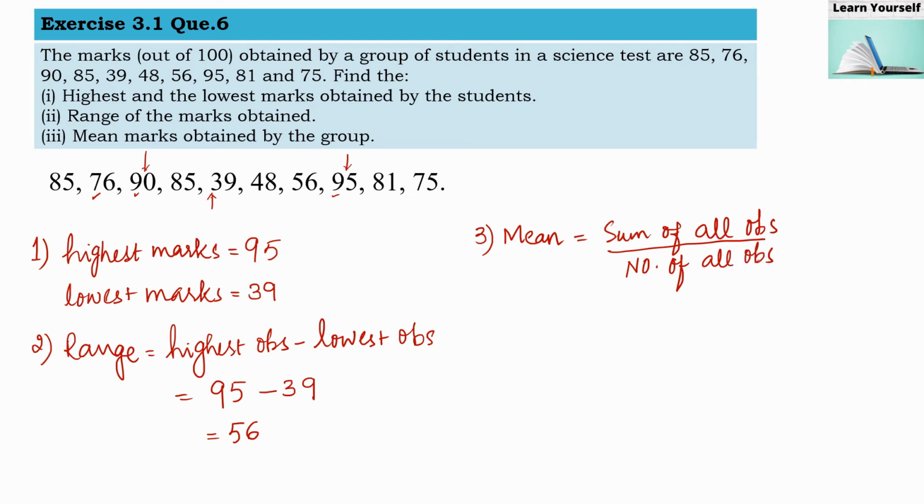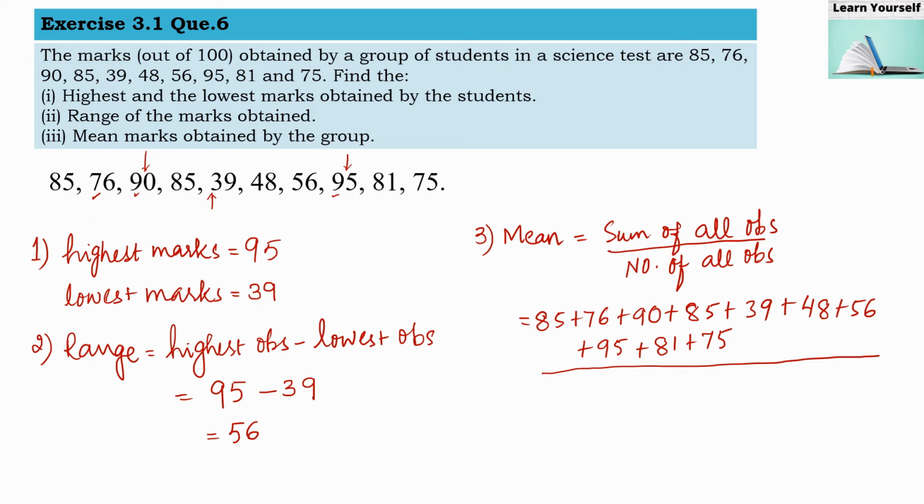So here we are going to add all these observations: 85 plus 76 plus 90 plus again 85 plus 39 plus 48 plus 56 plus 95 plus 81 plus 75, divided by the number of observations. 10 observations are there.